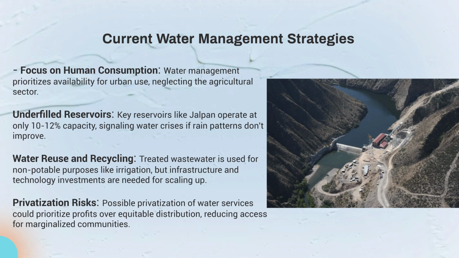However, the current wastewater treatment facilities require significant upgrades. Moreover, ongoing debates about privatizing water services have raised concerns about equitable access, especially for disadvantaged communities. These scenarios underscore the complexity of water management policies.